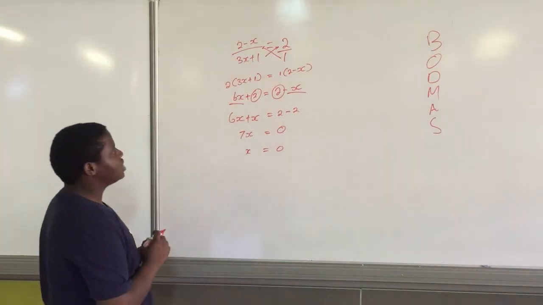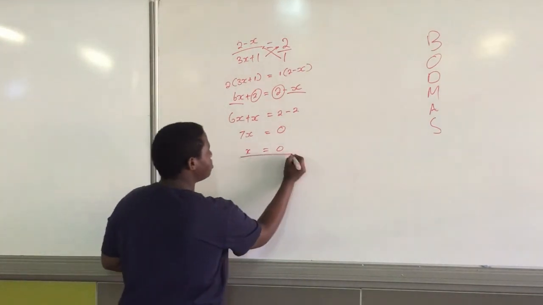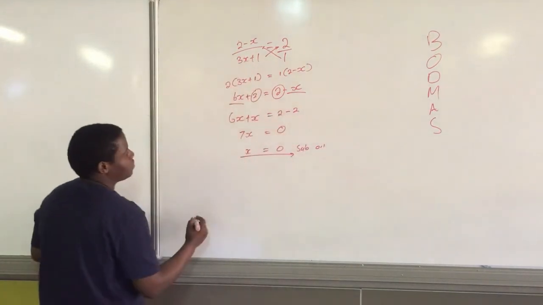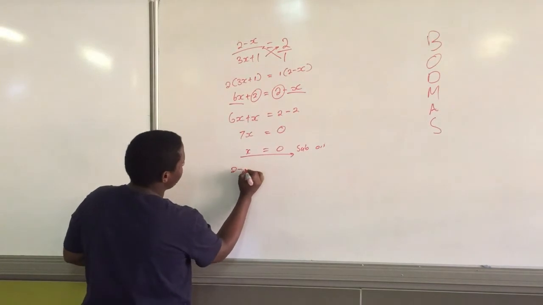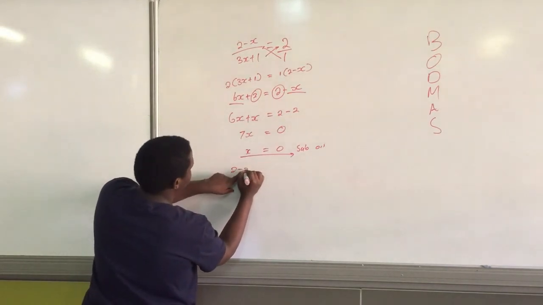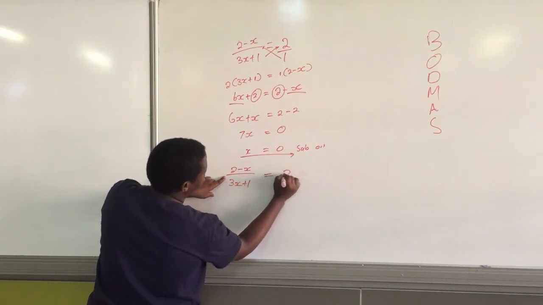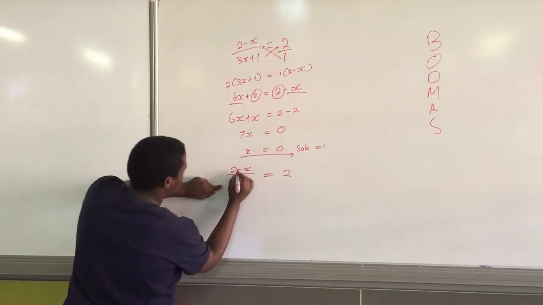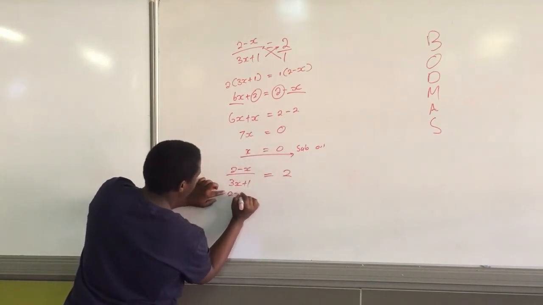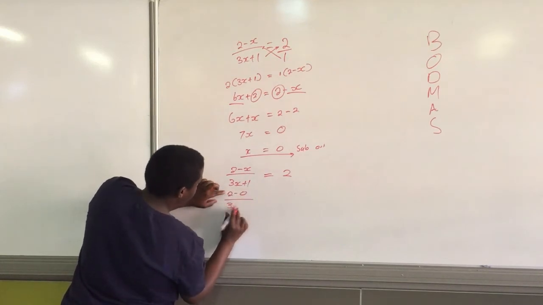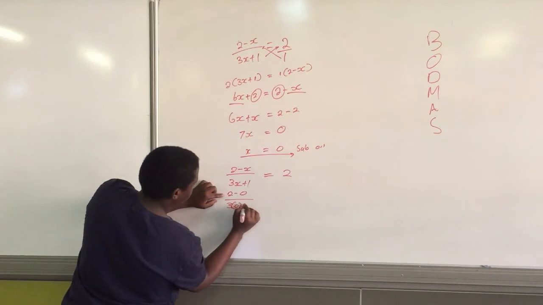So if you wanted to check it, you just substitute this into the original equation. So we'll just say 2 minus x over 3x plus 1 is equal to 2. We'll just substitute 0 where we see x. So 2 minus 0 over 3 times 0 plus 1.